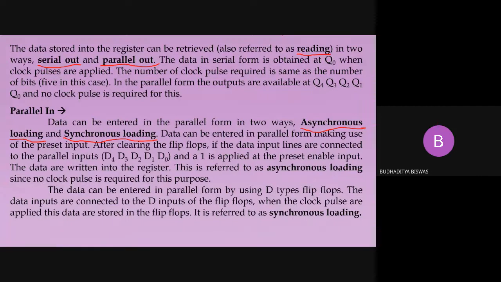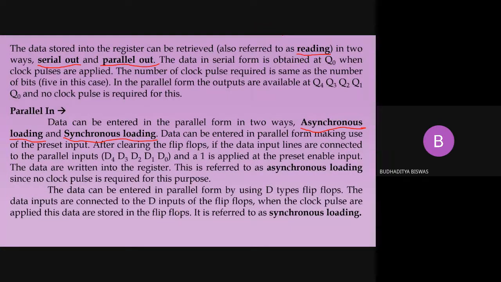According to the name, they are called reading and writing, or otherwise loading and retrieving. Now data can be written inside the register in two ways: one is asynchronous writing or asynchronous loading, another is synchronous loading or synchronous writing. What is the difference between these two things?